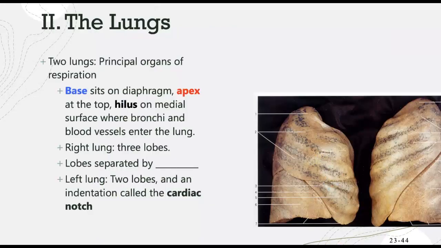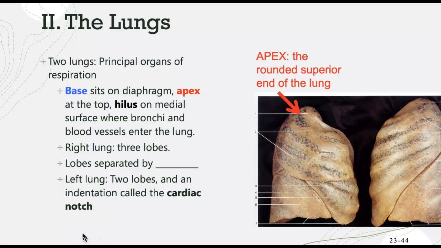Now let's talk about the lung organ itself. We have two lungs, which are going to be our principal organs of respiration, and each one is going to have an apex, which is going to be this rounded superior end of the lung, and a base at the bottom that is going to sit against our diaphragm.